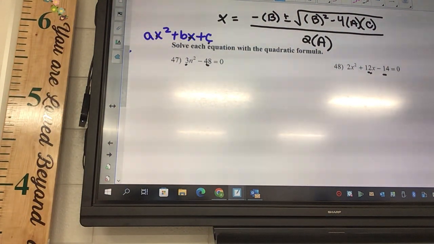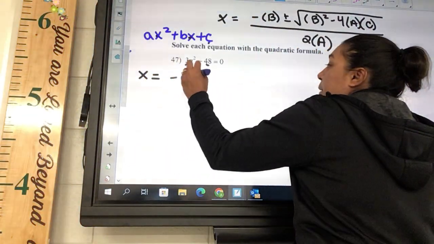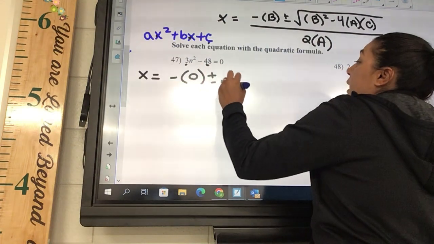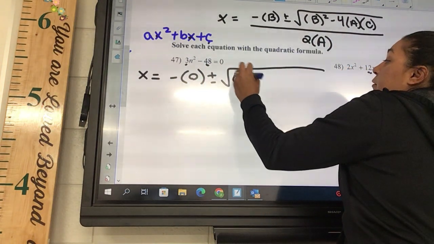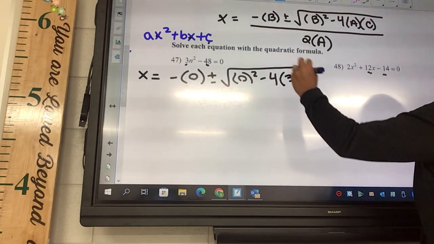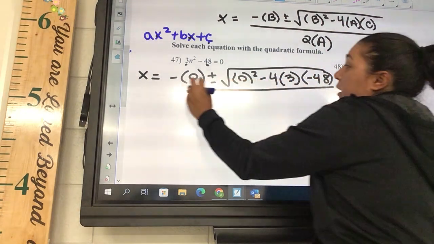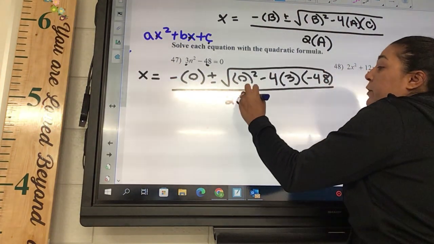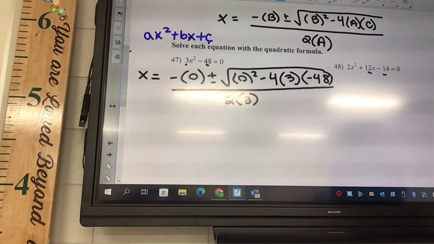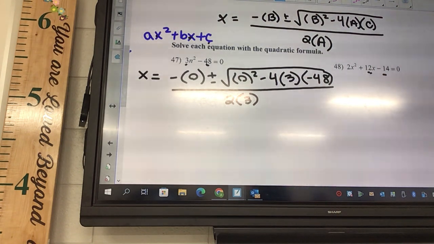Okay, so I have x equals negative, my B is 0, plus or minus the square root of B squared minus 4 times A times C. Okay, and my C is negative 48, not 48. All over 2 times A. Okay, what are we going to get for the first part?